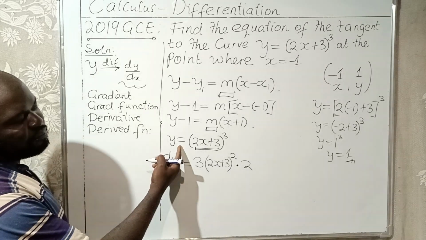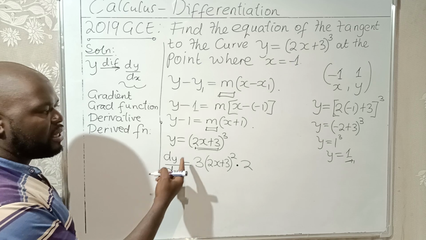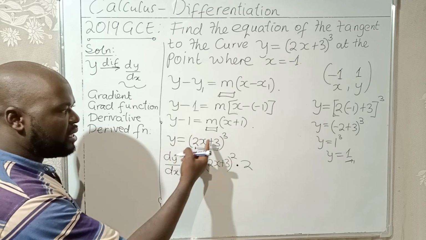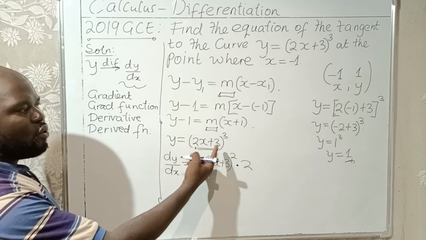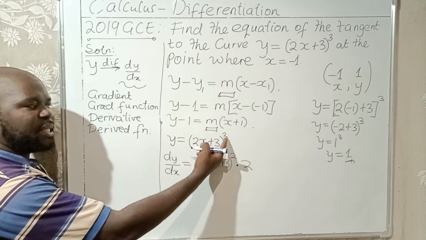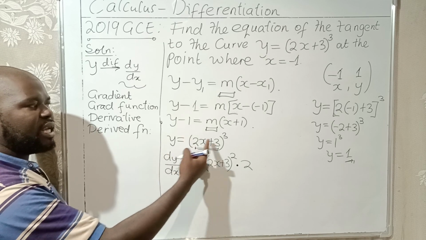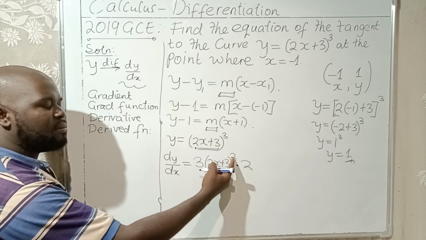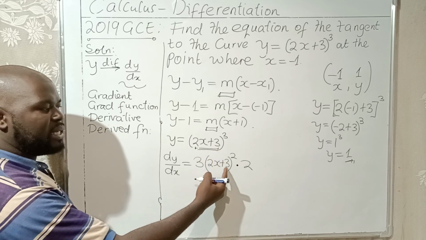When you have an expression, the equation of a curve, which is indexed like this one, using the chain rule, we multiply the index by whatever you have in front here, then the index reduces by 1, and you maintain what is there inside.